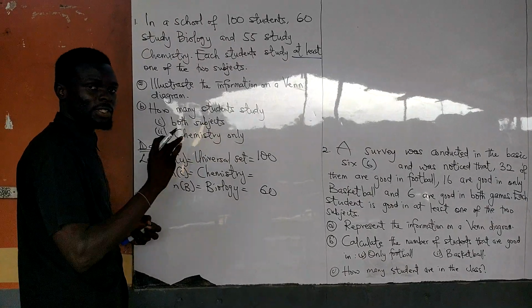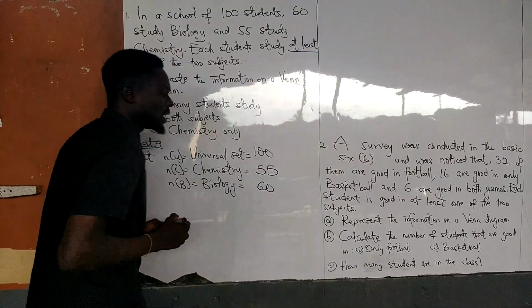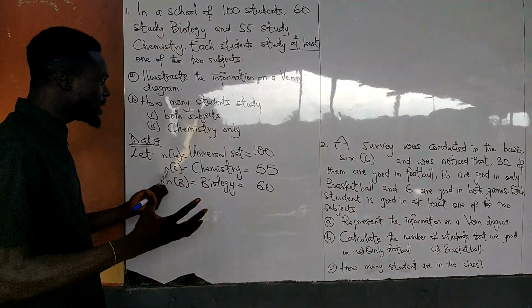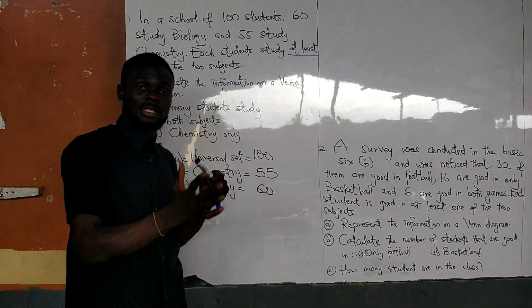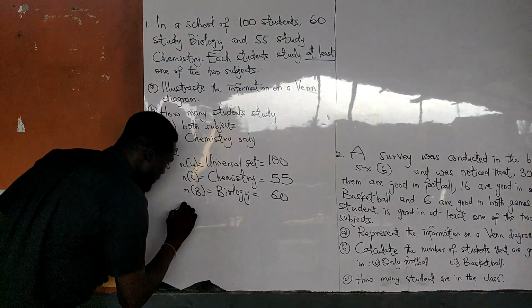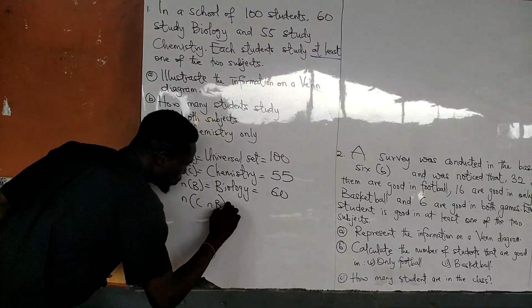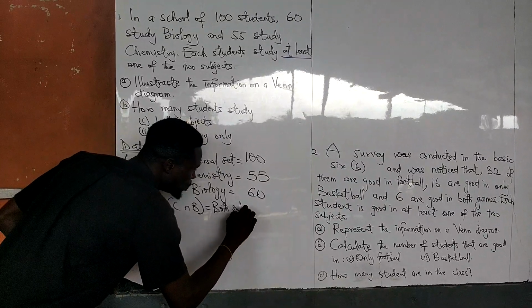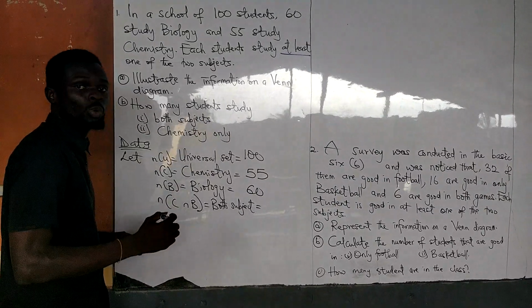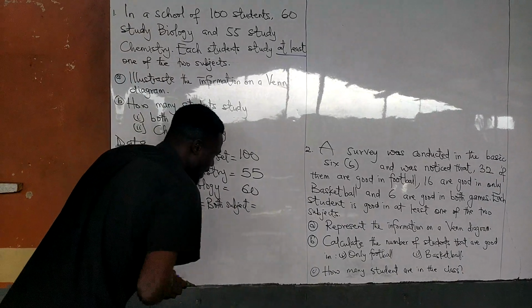And 55 study chemistry. Definitely we are going to have the number of students that studied both subjects. So we have here C intersection B, which is both subjects. Since we do not know it, we represent it with a variable, say A.